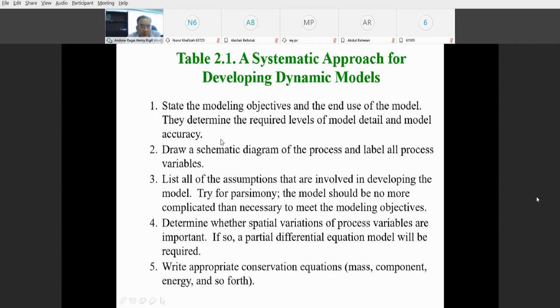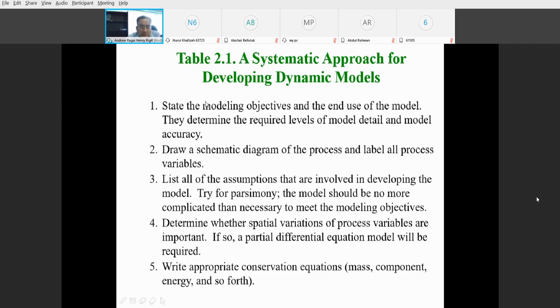First of all, when we want to come up with a model of our control system, where this mathematical model represents the physical process related to thermodynamics, talking about humidity, or fluid mechanics, talking about the flow, we need to state the modeling objectives and the end use of the model. And these will determine the required levels of model detail and model accuracy.